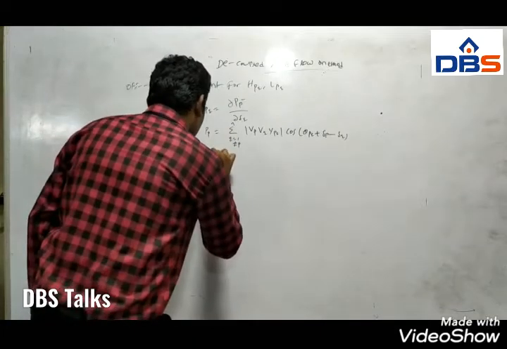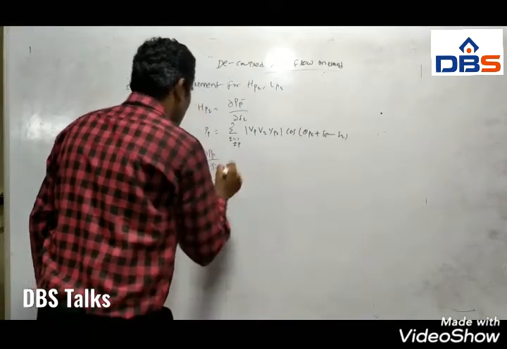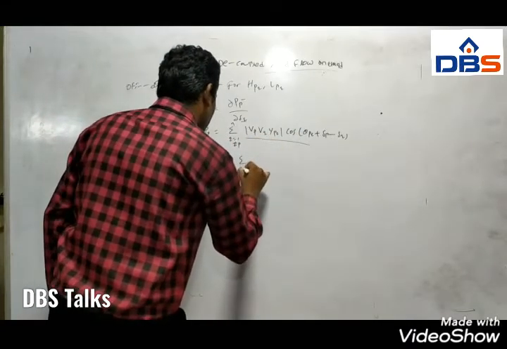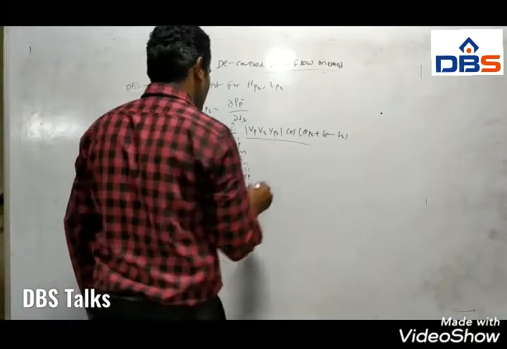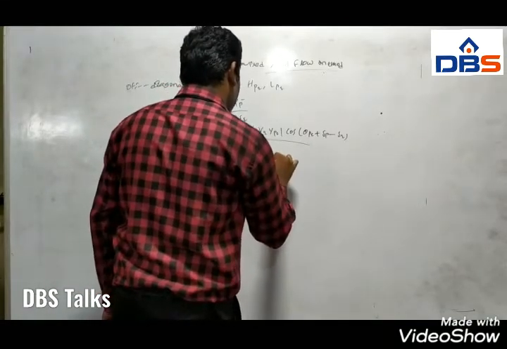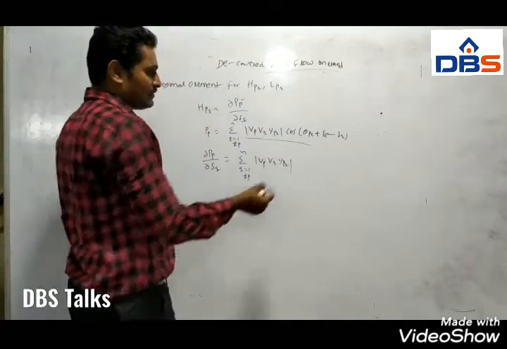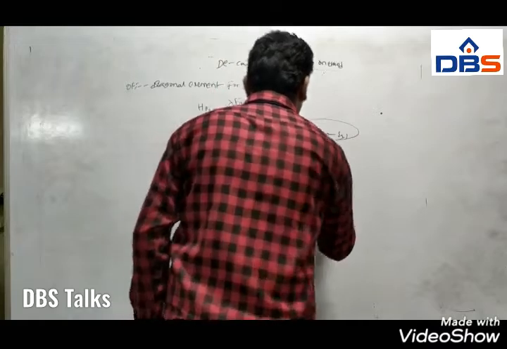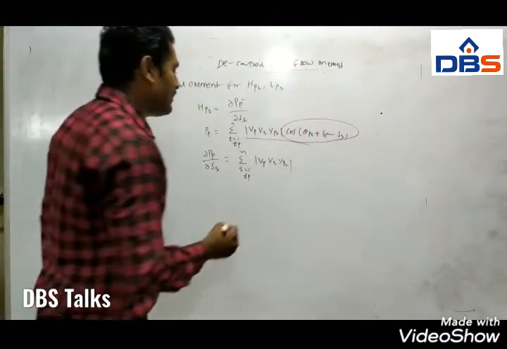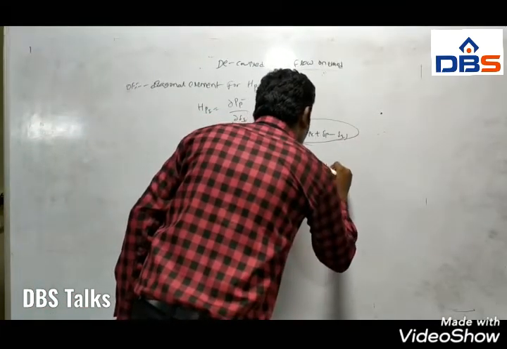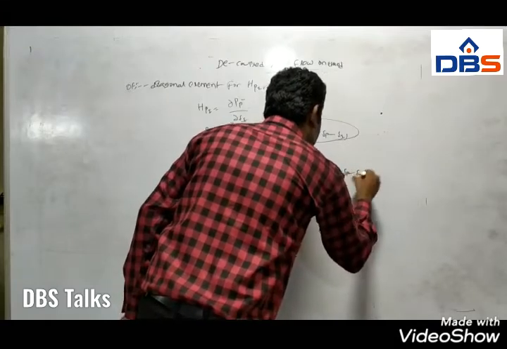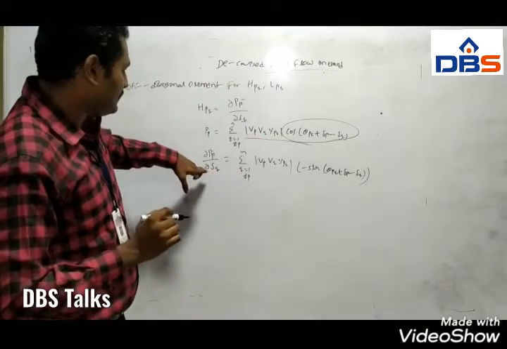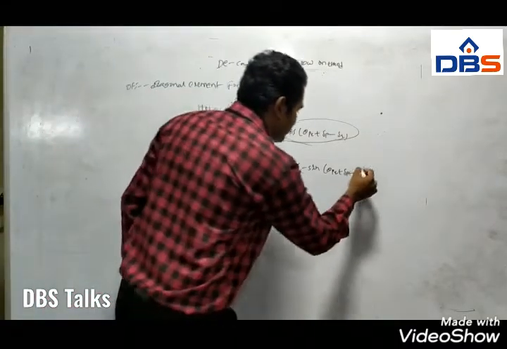Differentiating this equation with respect to δ_q, we have the sum over q equal to 1 to n, q not equal to p, of |V_p||V_q||Y_pq|. Here we have the δ_q term, so we differentiate it. Differentiation of cos gives minus sin of (θ_pq + δ_p − δ_q).